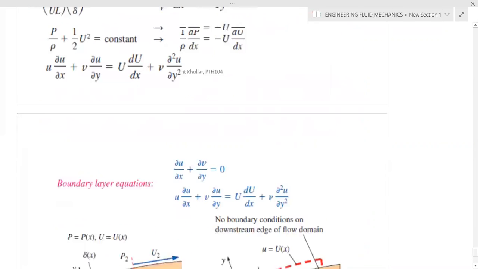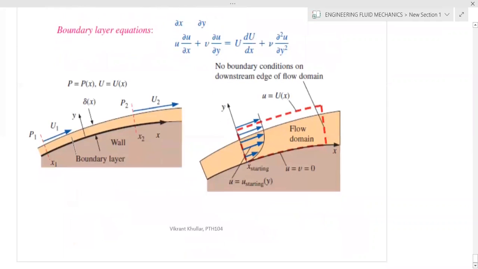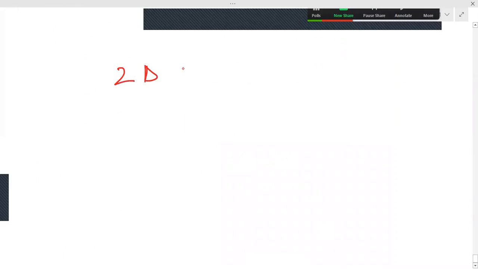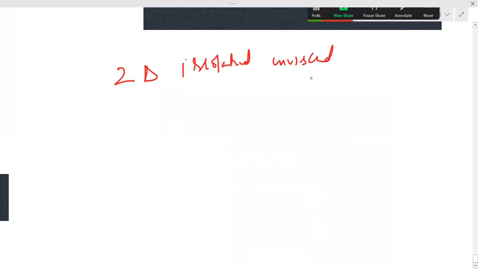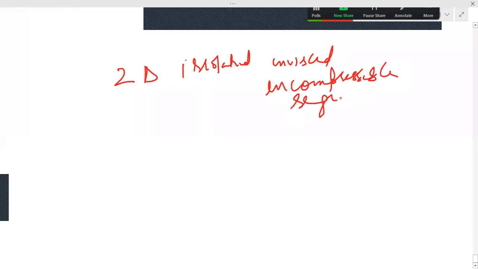So please remember, in terms of potential flow, we will be essentially dealing with two-dimensional, irrotational, inviscid, incompressible region of flow. So this is meant by potential flow.